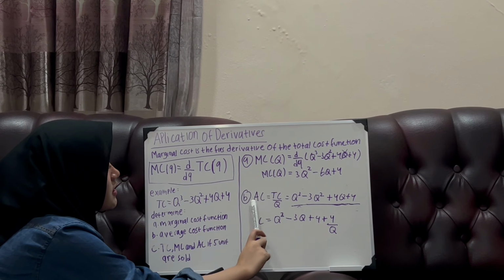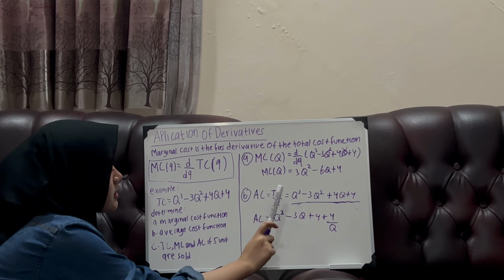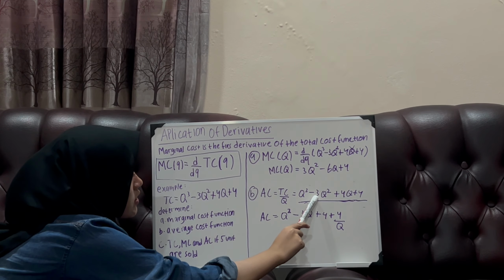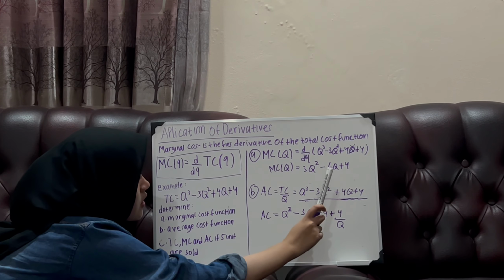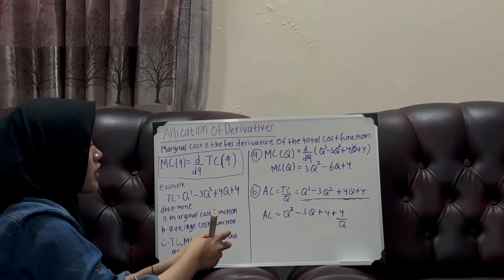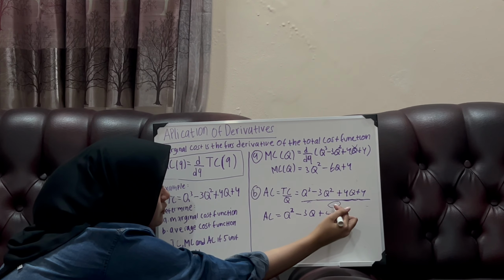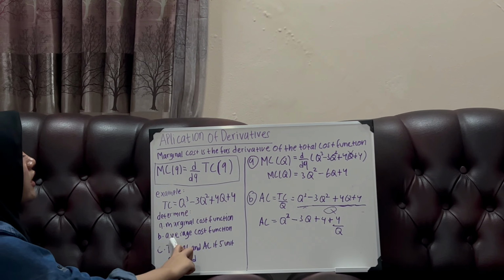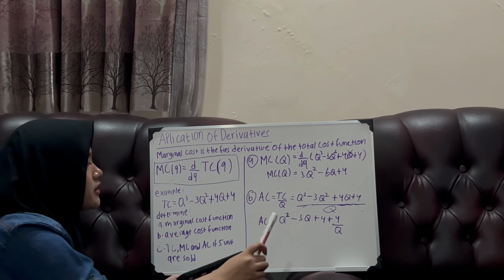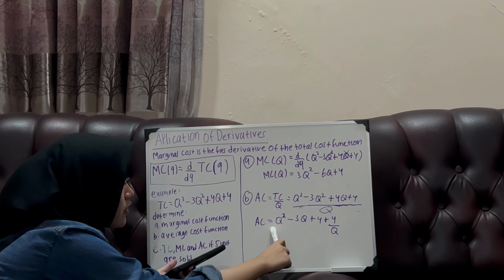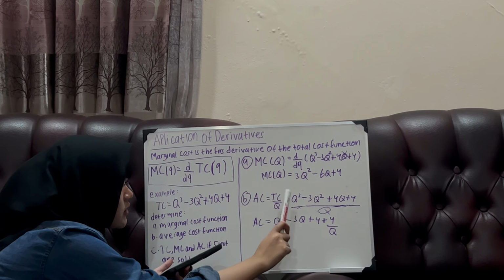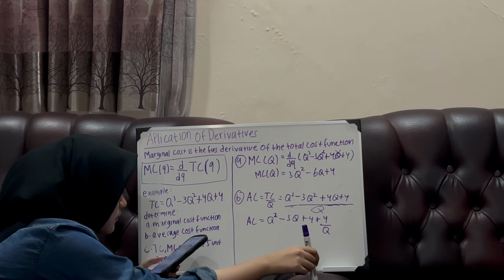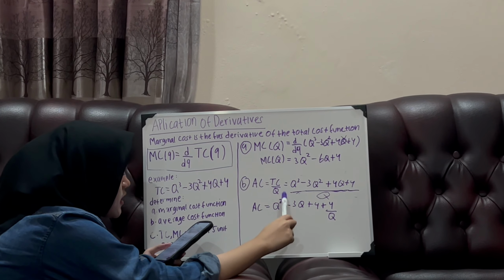And B is AC equals TC per Q equals Q cubed minus 3Q squared plus 4Q plus 4 per Q. Why per Q? Because this is average cost function. AC equals Q squared minus 3Q plus 4 per Q. Why is this like this?